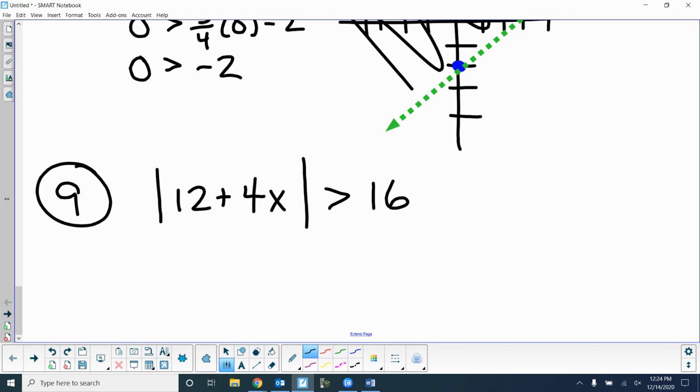But there's 2 problems, right? The first problem is what it looks like, if you just drop the absolute value symbols. And remember, greater is an or problem. Less than is an and problem, right? Well, this is an or problem. What's the other problem? Alyssa?